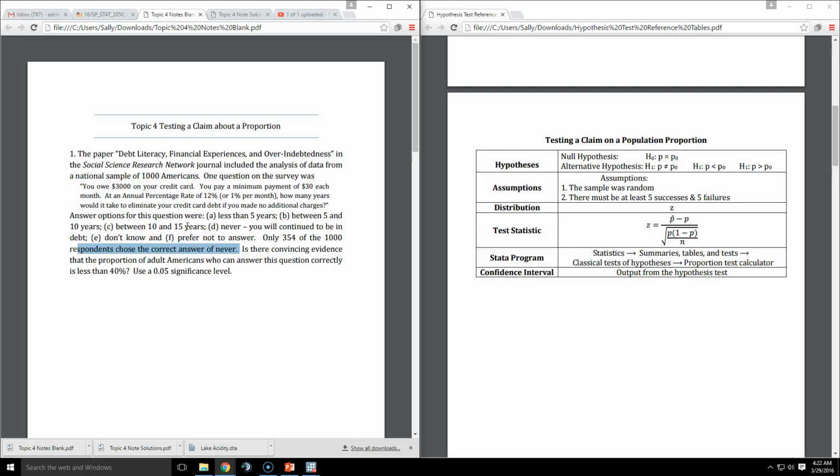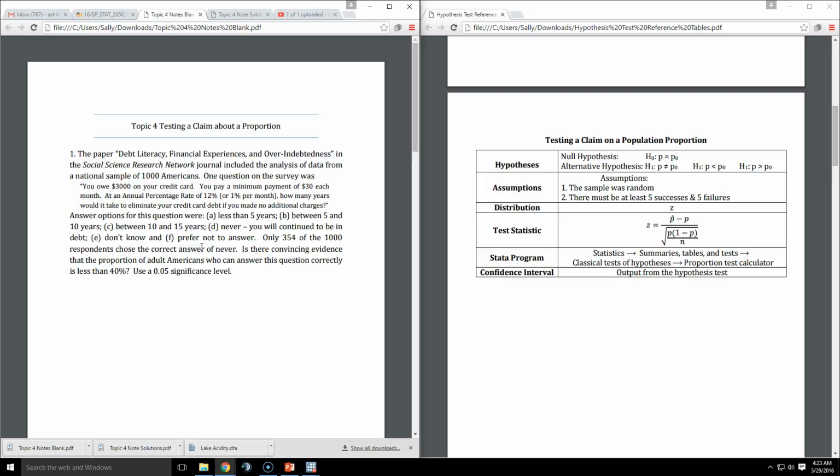I would recommend looking up an amortization table if you have a mortgage. It's pretty eye-opening, especially with how at the beginning of your mortgage, most of your payment goes towards interest. And then there's a curvy line where eventually you start paying more towards principal of your loan than of interest. But so the question is, is the proportion of adults that answer this question correctly less than 40%? Use the 0.05 significance level.